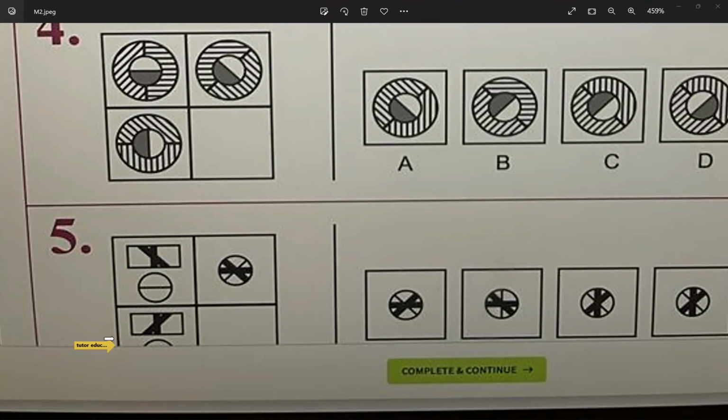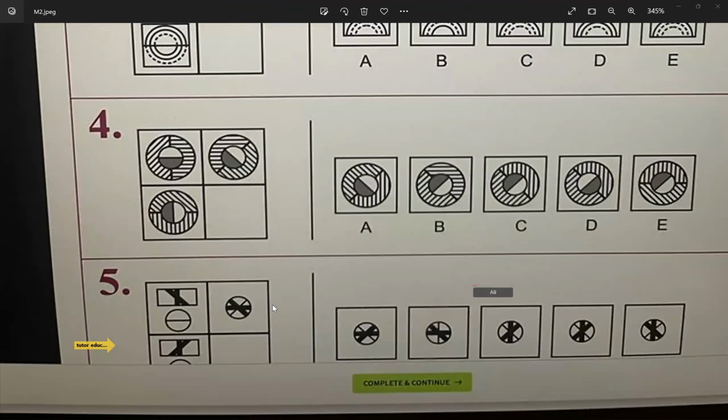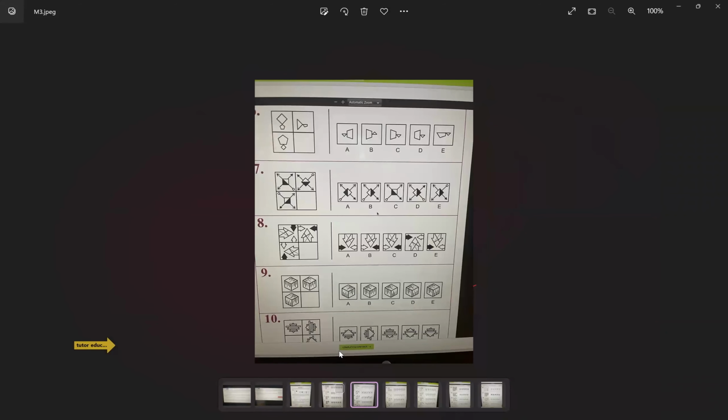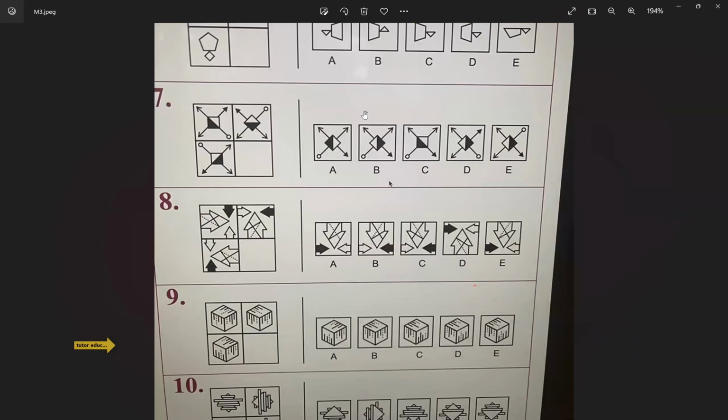Maybe some kind of rotation, but let's do one thing. We can get back to this question, because this image is not complete. Once we are done with the remaining questions, we will check, okay?